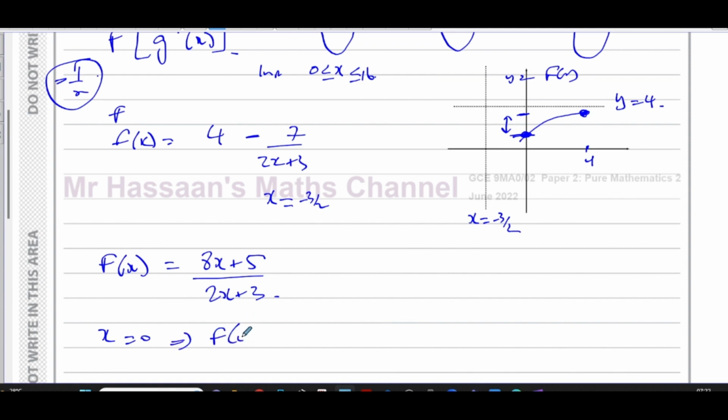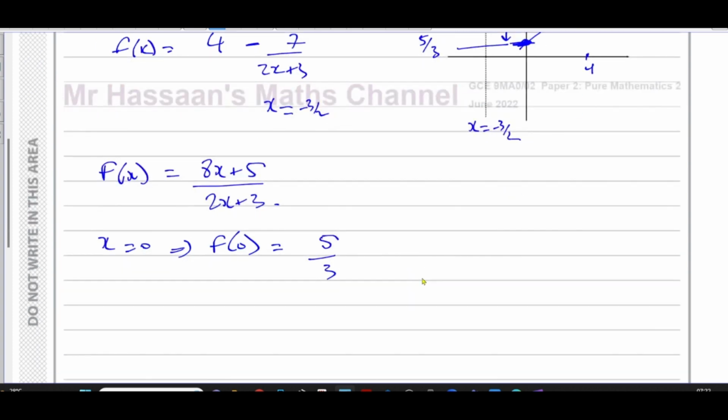So I'll put f of 0. That's going to give me 8 times 0, which is 0, plus 5, which is 5, over 2 times 0 plus 3, which is 3. So that's going to be my y value over here. So this is when y is 5 over 3, and that value there is going to be when x equals 4.